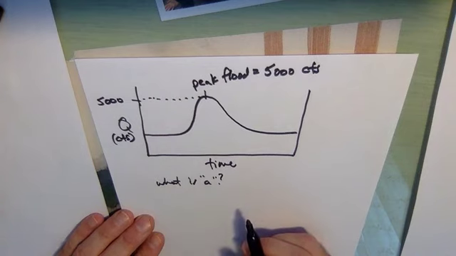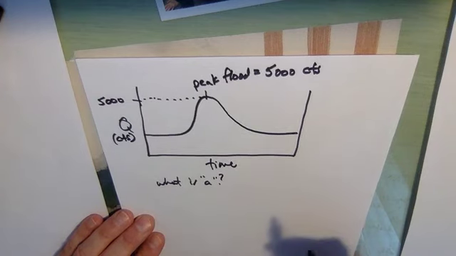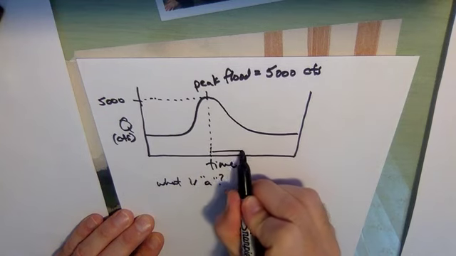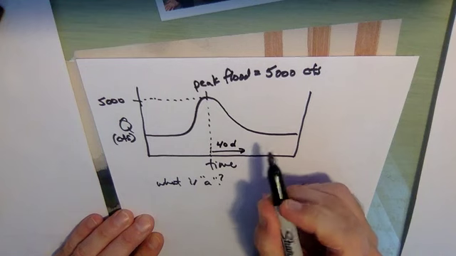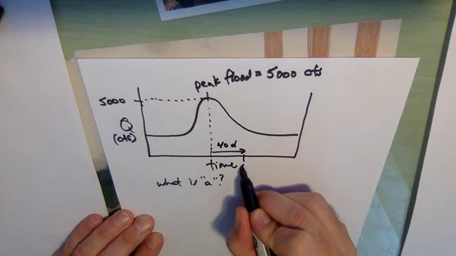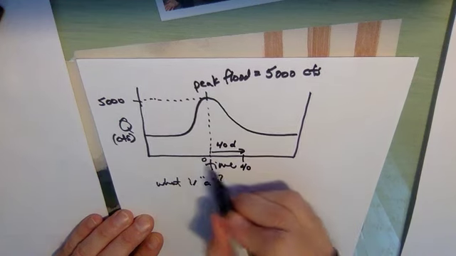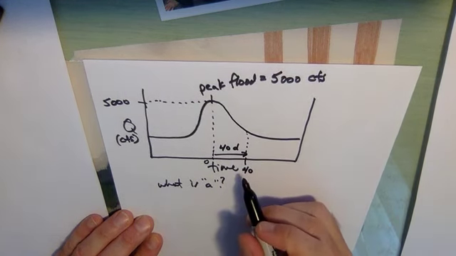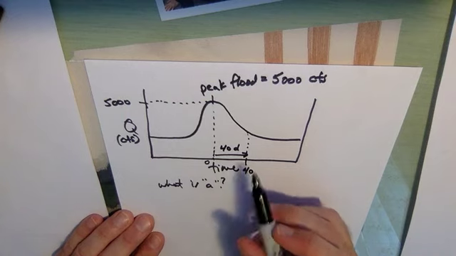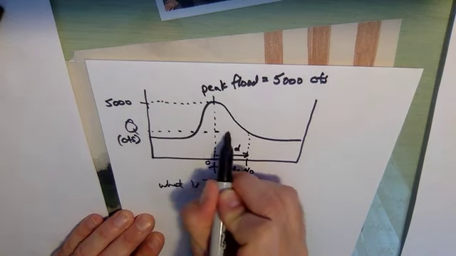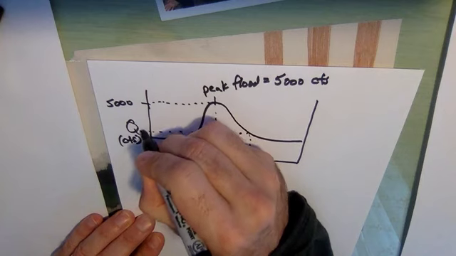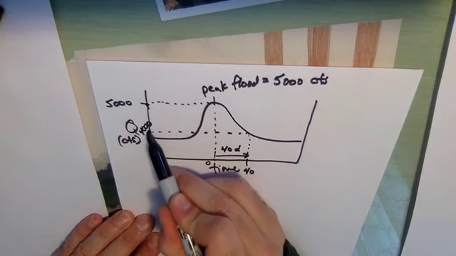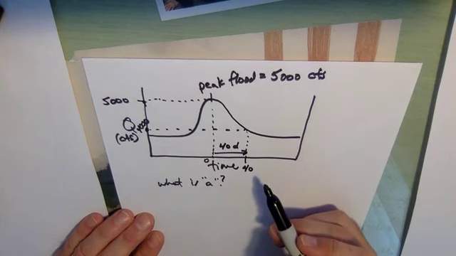And then we find out that 40 days later, right here, this is 40 days. This was 0 days. This is 40 days. At that point, the Q is 4,000. So 4,000 CFS is this point right here. 5,000 at the peak, 4,000 40 days later.